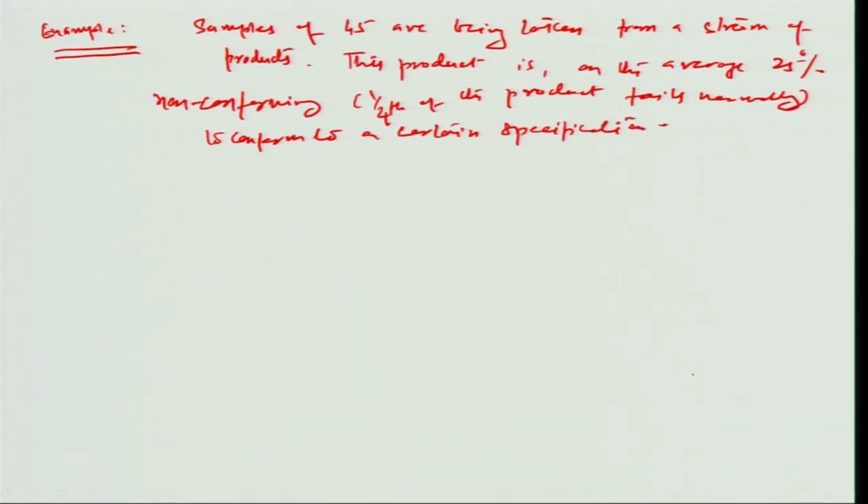So, we would like to find out the probability that a sample of 45 will contain 13 non-conforming items.